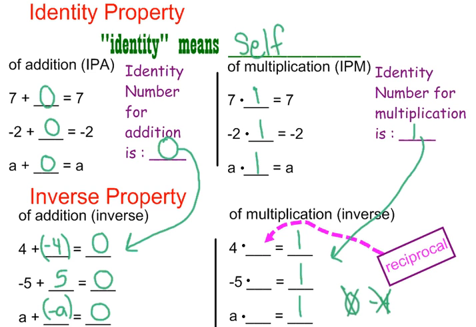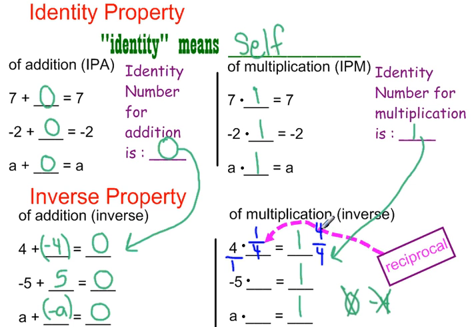And reciprocal is something you might have heard last year, but it is taking the inverse of this number. The inverse of 4, when we're multiplying, will be 1 over 4. Here's why. 4 as a fraction is actually 4 over 1, and watch what happens when I multiply. 4 times 1 is 4, and 1 times 4 is 4.